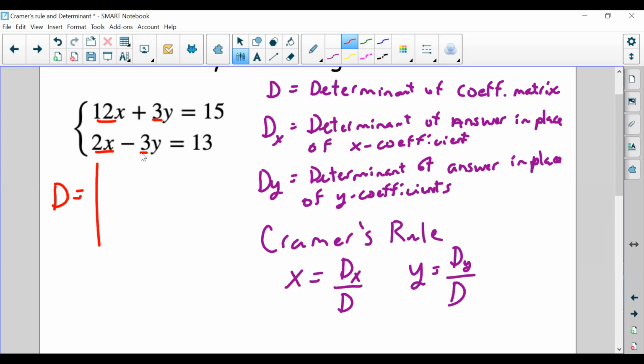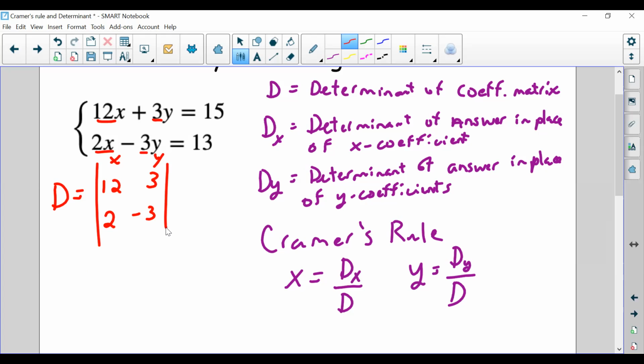First row is going to be my first equation. Second row is going to be my second equation. First column is all my x's. Second column is all my y's. So this is going to be 12, 3, 2, negative 3. There's my D.